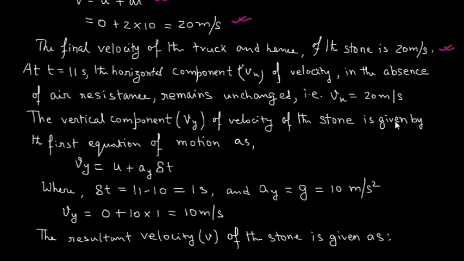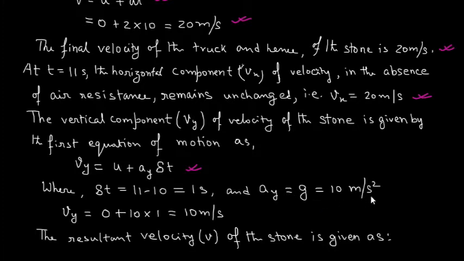At t is equal to 11 second, the horizontal component Vx of velocity in the absence of air resistance remains unchanged, that is Vx is equal to 20 meter per second. The vertical component Vy of the velocity of the stone is given by the first equation of motion as Vy is equal to u plus ay dt, where dt, change in time, is equal to 11 minus 10, that is 1 second.